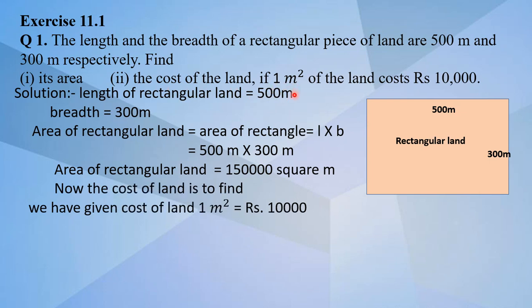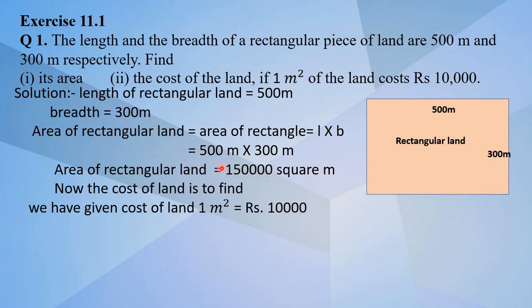Now the second point, we have to find out the cost of the land, and it is given that 1 meter square cost of land is 10,000 rupees. Okay, now how much area do we get? This one, 1,50,000 square meter. Now this is the required area which we have to purchase.